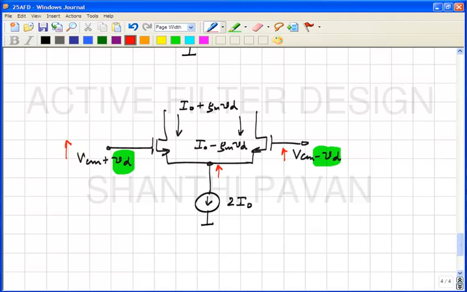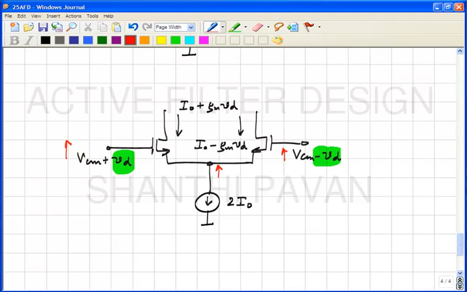Tail current is constant also in the differential equivalent. So the current is I naught. So VGS should be the same. Because it's the same current that passes through both the machines. I mean, how is this different from the differential situation is what I'm trying to get at. You know, what you're saying is true even for differential mode operation, isn't it?